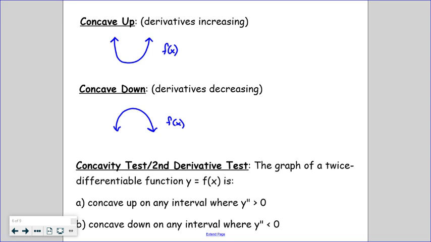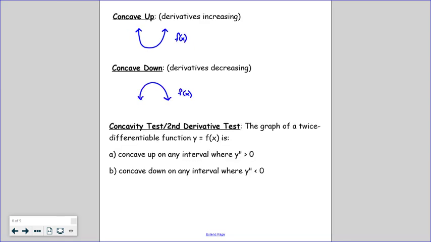You go through your second derivative to identify the concavity of your graph. Okay, so the concavity test says this: the graph of a twice differentiable function is concave up if your second derivative is positive. It's concave down if your second derivative is negative. So it looks a lot like your first derivative test.